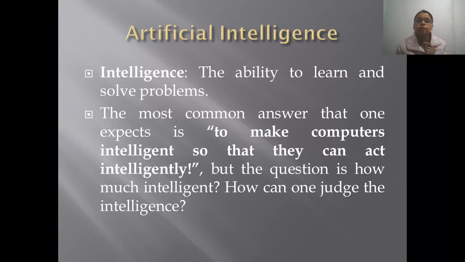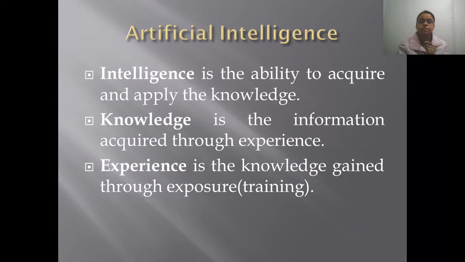The most common answer one expects is to make computers intelligent so that they can act intelligently. But the question is, how intelligent? How can one judge the intelligence? Intelligence is the ability to acquire and apply knowledge.